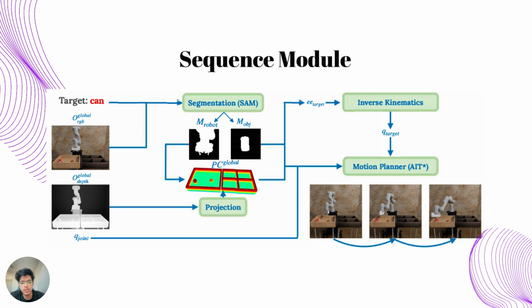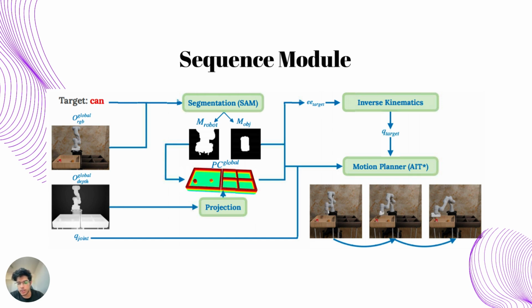These images are processed to segment both the robot and the target object using a segmentation model, which can be segment anything model. The segmentation provides masks for robot and object, which are used to estimate the 3D position of the target object. This 3D position is then converted into a target robot pose using inverse kinematics.